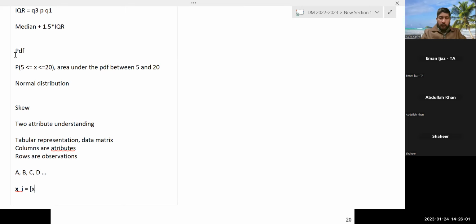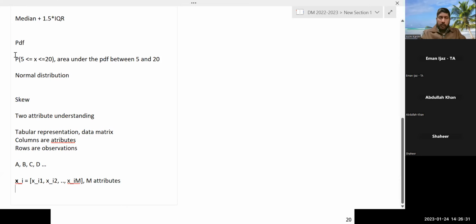So the vector would contain values x_i1, x_i2, up to x_iM. So we have m attributes in total, so these are the columns.